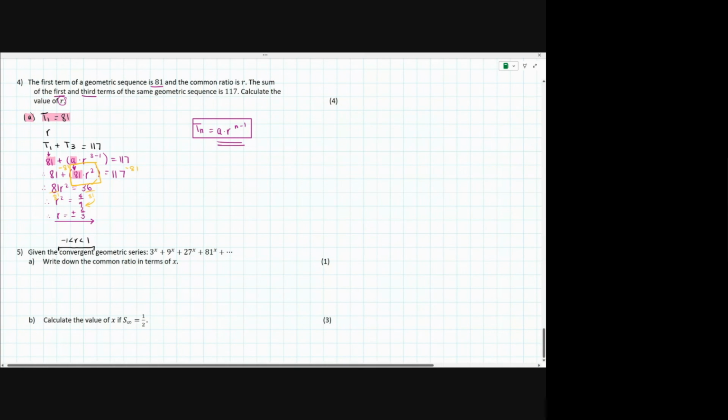So given the convergent series, 3 to the power x, 9 to the power x, 27 to the power x, plus 81 to the power x, etc., etc. What do you notice about those terms? Does anyone notice anything about them? Okay, yes, multiples of 3.